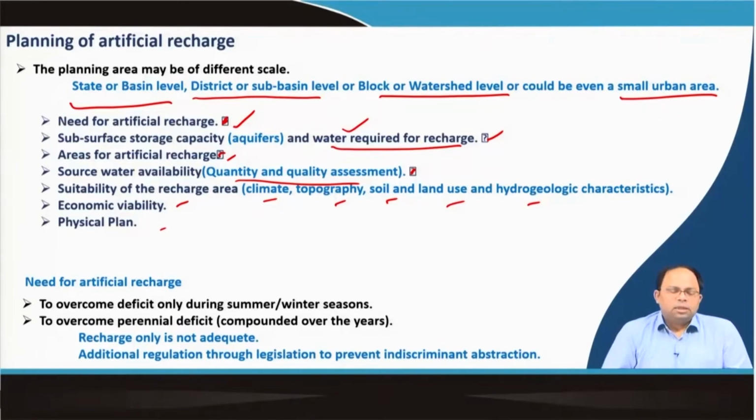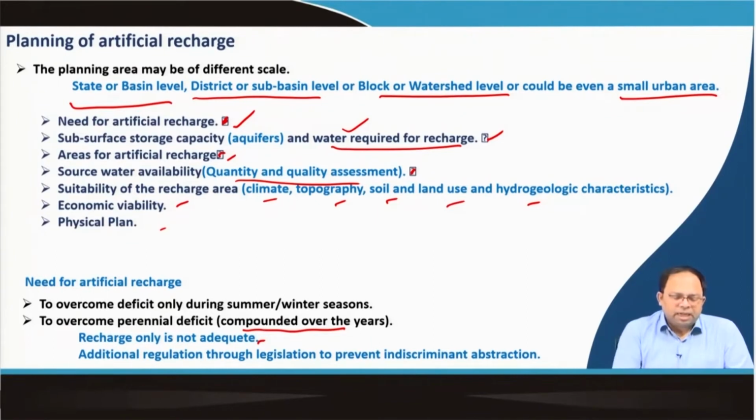And the other is to overcome perennial deficits. That means every year we are seeing that the groundwater table is going down because of over abstraction. So, we want to make sure that it doesn't go down every year, and we want to improve upon it. That means here the entire deficit is compounded over years. So, as you understand, recharge alone is not adequate, because every year it is increasing.